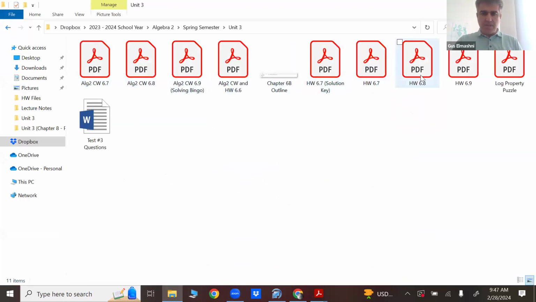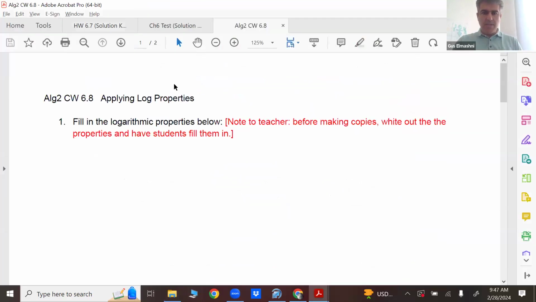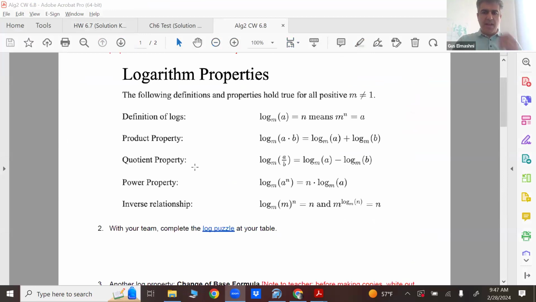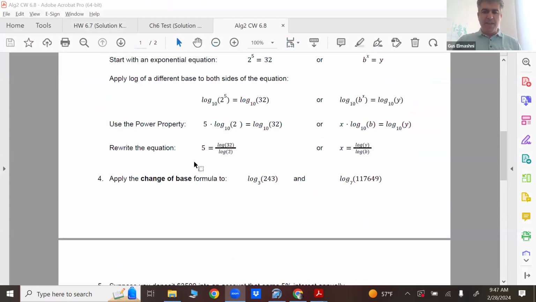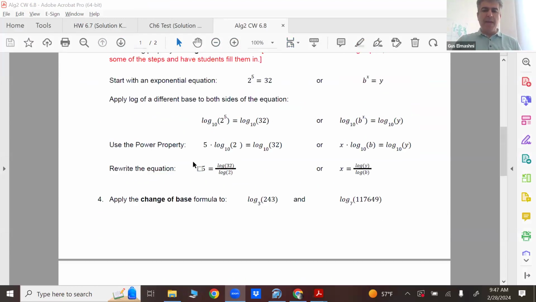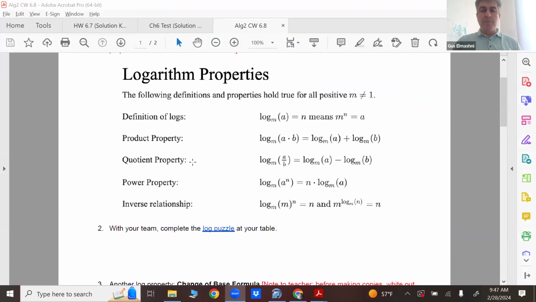So here we're at 6-8. Oh, these notes are short. Nice. I kind of goofed because these are already filled out for you. I think you have it blacked out, right? Yeah, so I'll tell you what the blackouts are, and then we're just going to do a couple word prompts and we're done today.